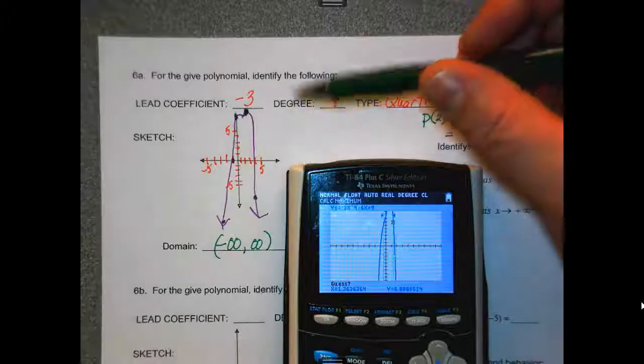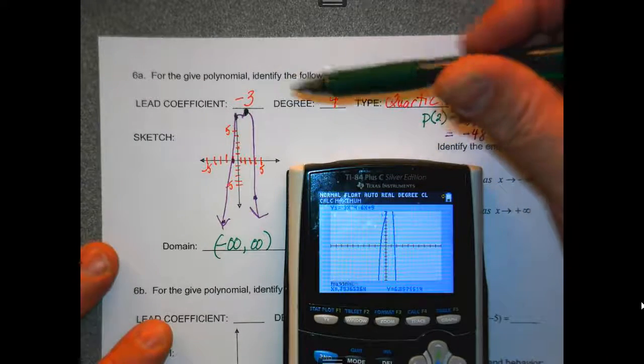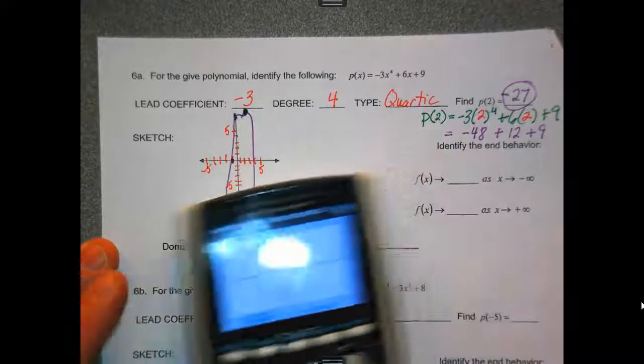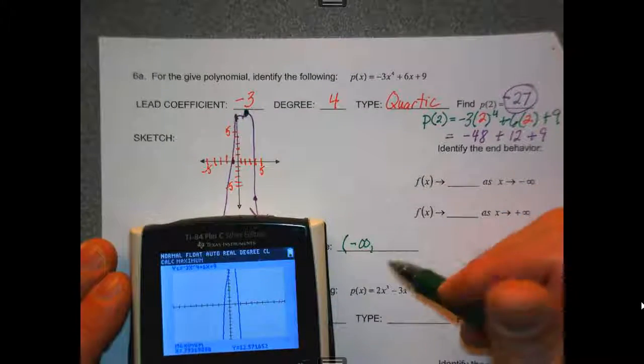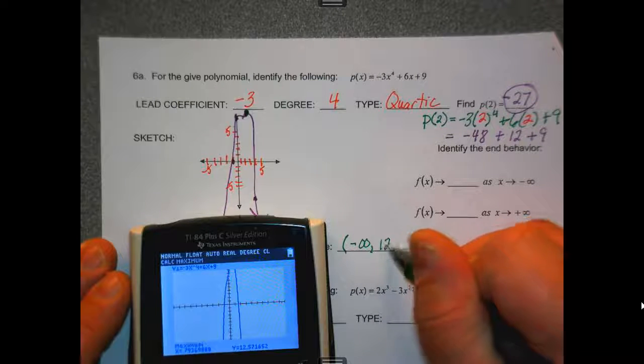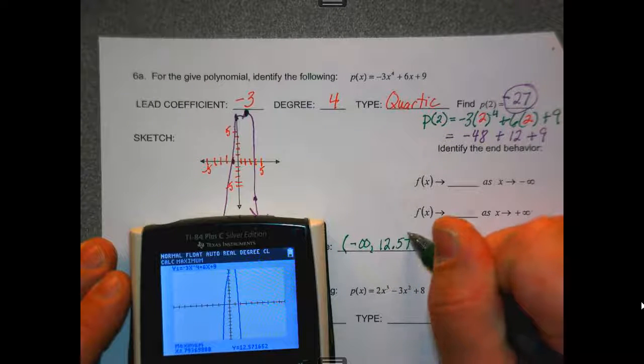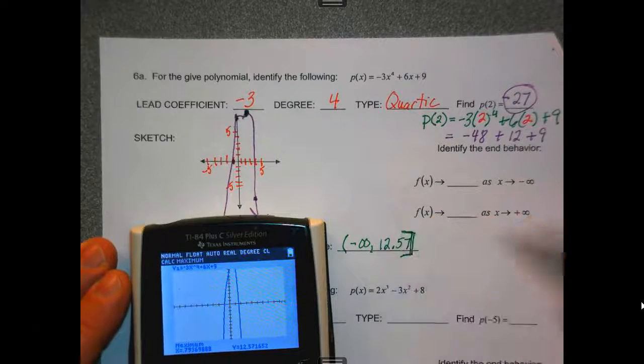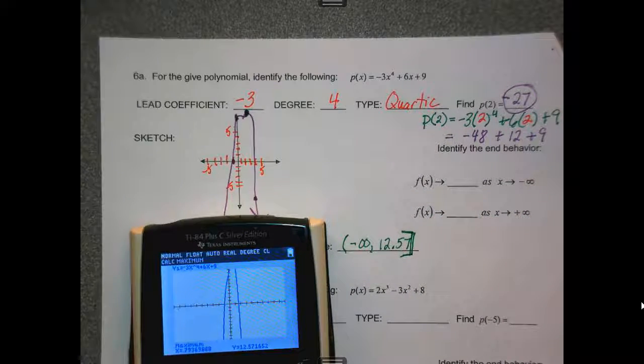Hit enter. And then hit enter again. My y value is going to be 12.57. Because we don't guess in mathematics. We can estimate, but then we have to prove it.